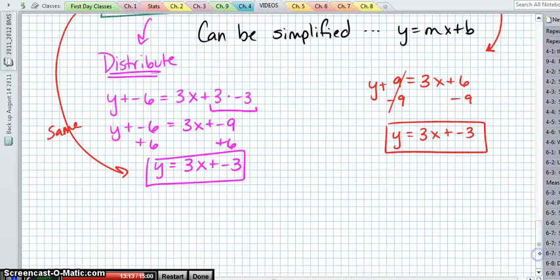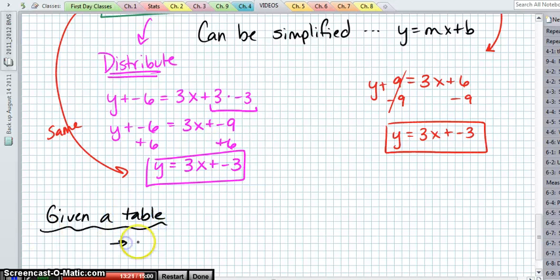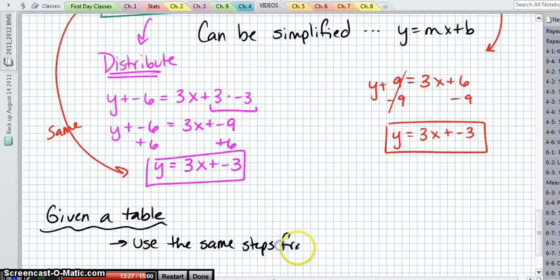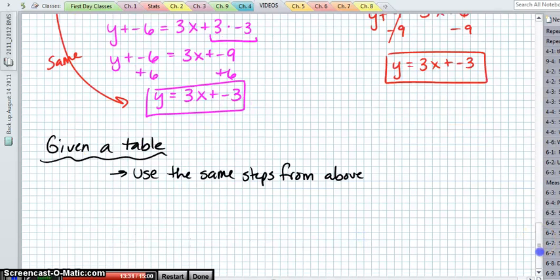The only other situation you might be given is if you have a table. So if you are given a table, you just need to use the same steps from above, the ones that we just worked with. And basically you just take any 2 points from the table to calculate the slope, and you take any point from the table to substitute in for x1, y1.